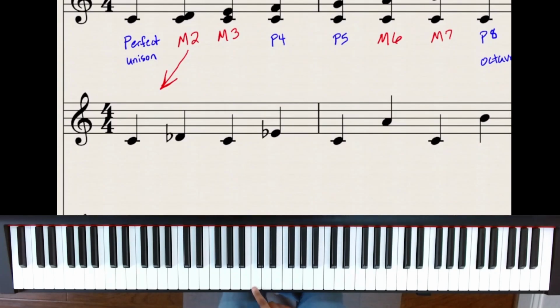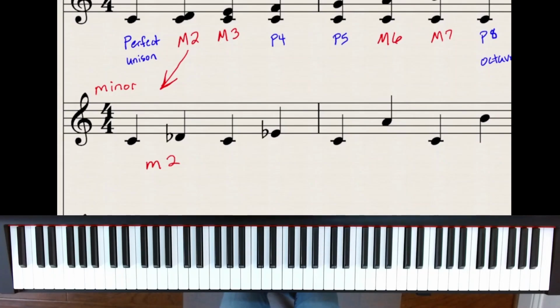Originally it was just C to D, but in order to get a minor interval, you want to flat the note, so from C to D flat, you're lowering the top note by a half step. In this case, these are minors. It would be a little m and a 2. So that's your minor second.